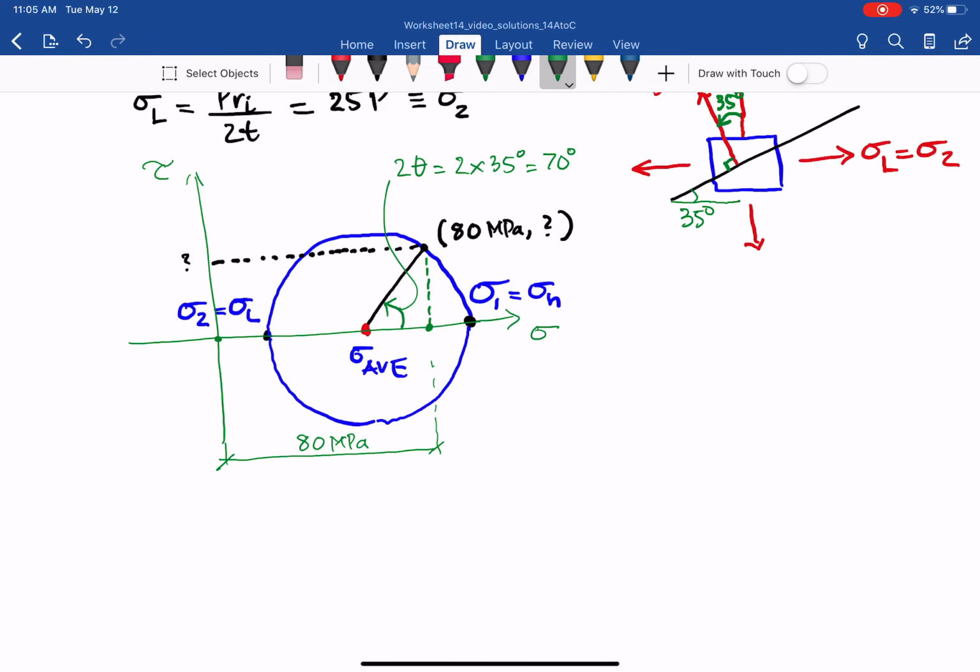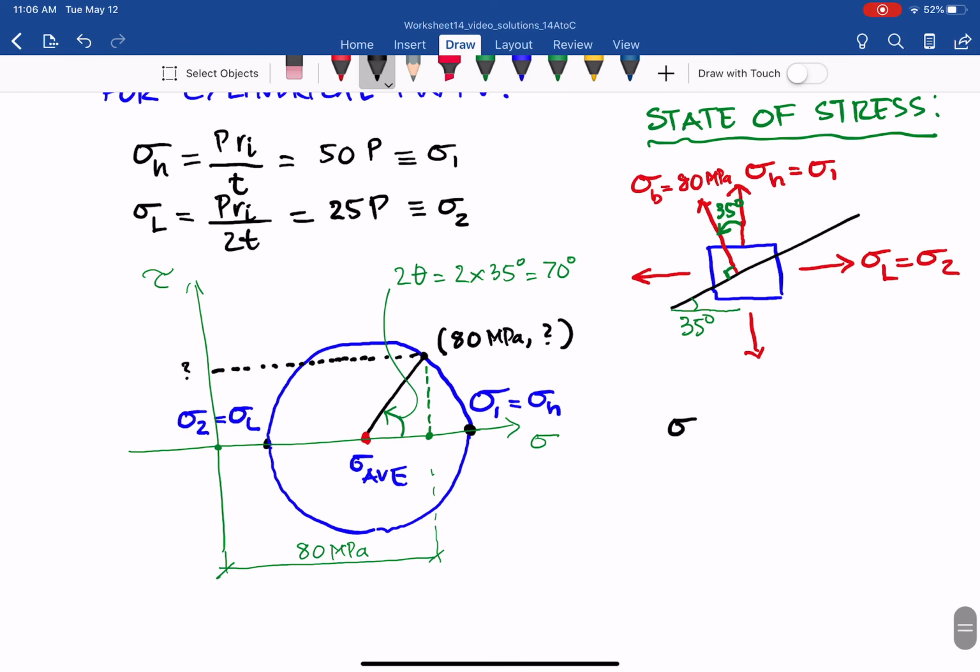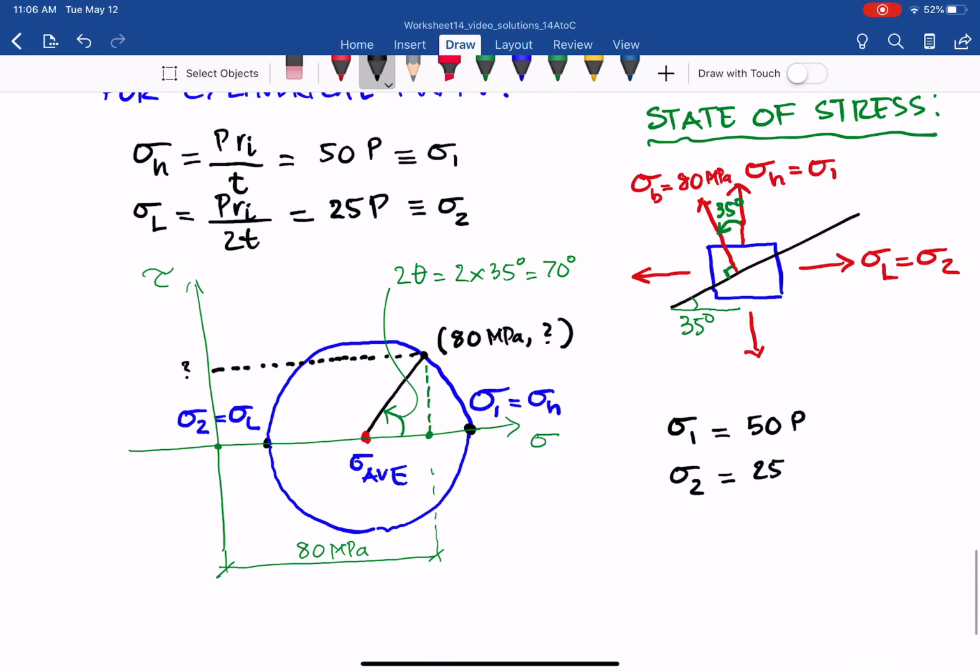Now we have to make the relationship with trigonometry. To find the radius and the sigma average, we can then complete the problem. As you can see, we have sigma 1 equal to the hoop stress, equal to 50p, and sigma 2 equal to 25p.